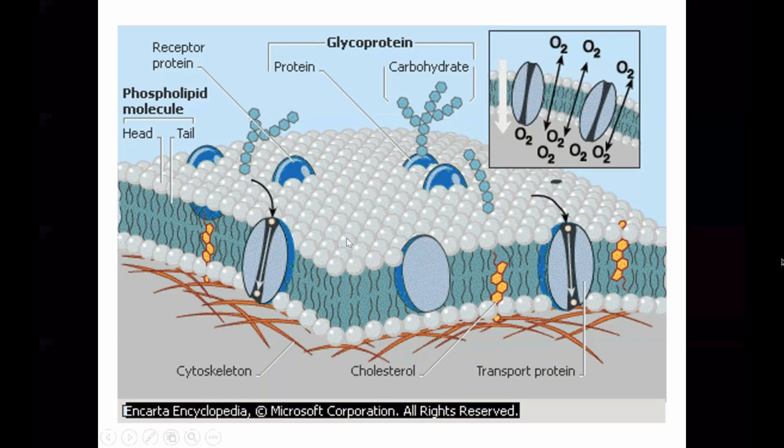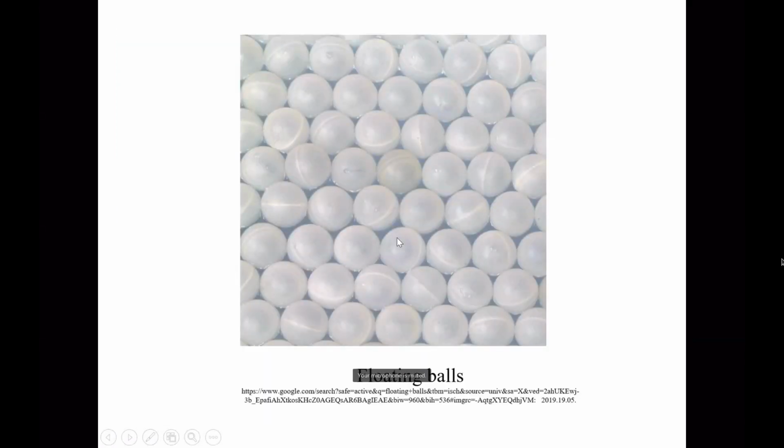But first, have a look at this surface. The surface is rather regular, you see? This is a model of floating ping pong balls on water. We just put them on the water, and we see that they deliver the order by themselves.